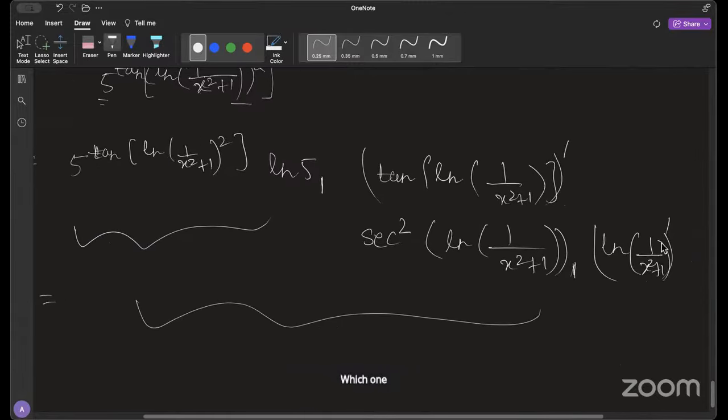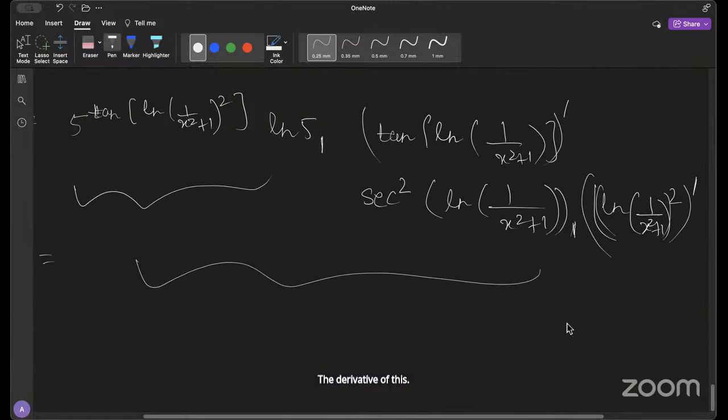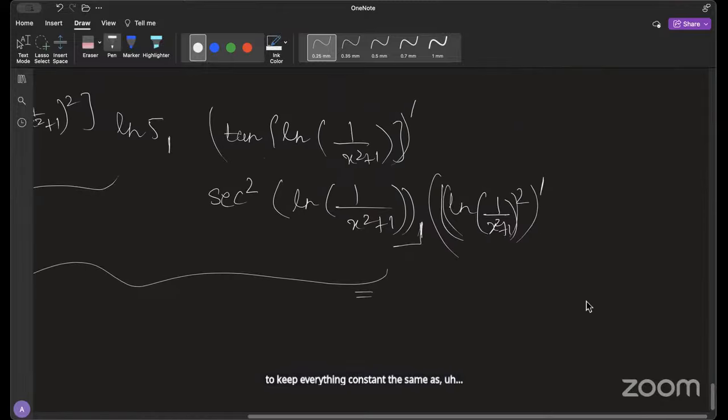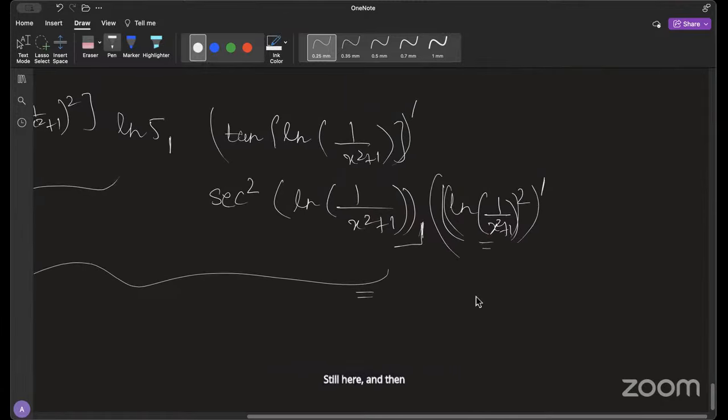Okay, thanks. We have a square here in natural log. This entire thing is squared, and then we have the derivative of this. Keep everything the same as till here, and then take the derivative of this thing. So it will be 1 by x squared plus 1. The derivative of natural log of x is 1 by x, right?